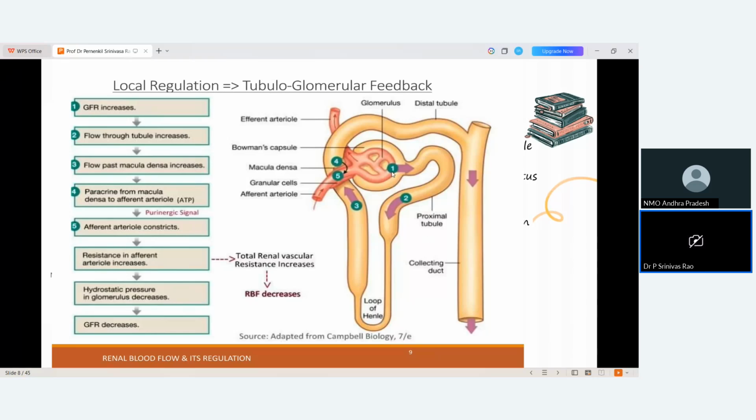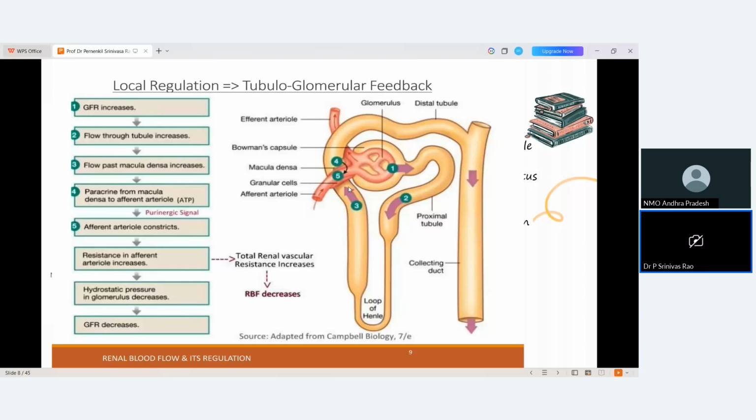The flow through this tubule will increase. So the loop of Henle will come to the JG apparatus. So the flow past the macula densa increases. Because the filtration has increased, the flow also increases. When the flow increases, the macula densa will produce some substances which will cause the constriction of the afferent arteriole.